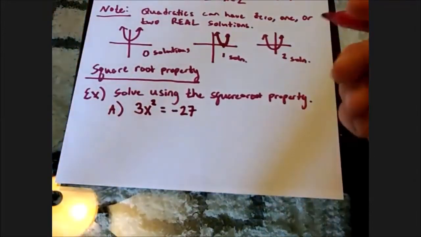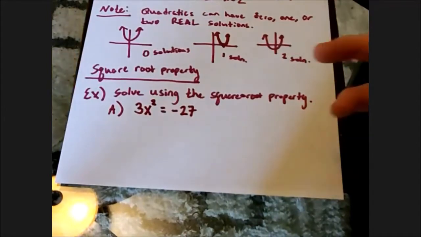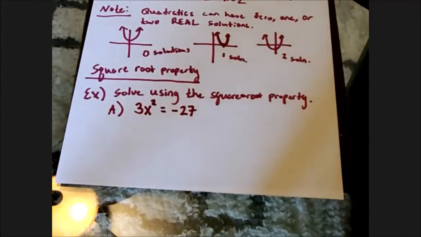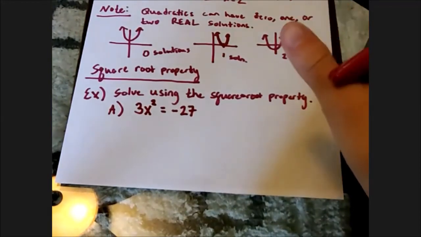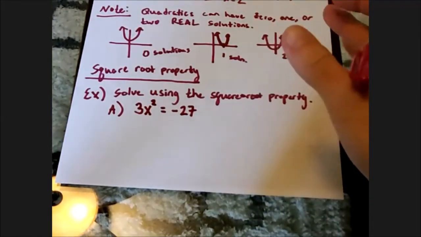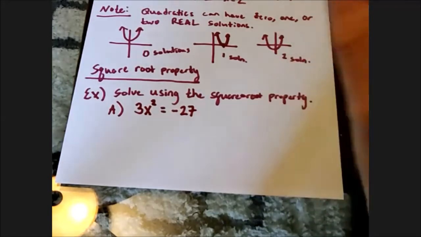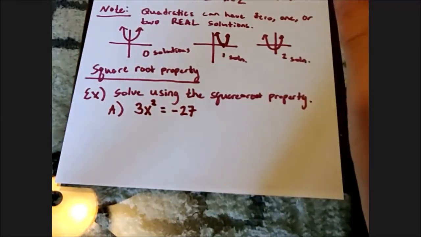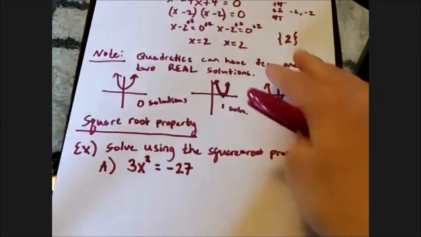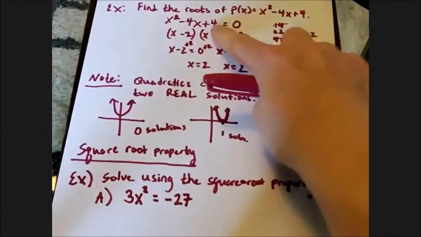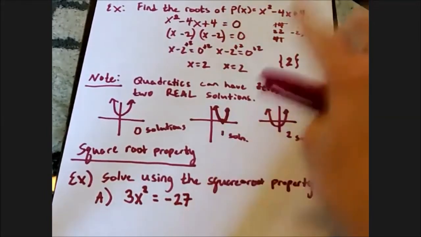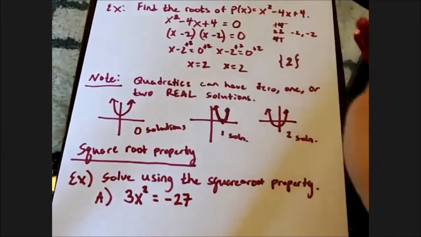All right, so this is a perfect example, 3x squared equals negative 27, where you would want to use the square root property. Generally, how you know that you would want to use the square root property is you're missing the b term of the quadratic. What do I mean by that? Well, look at the difference between this example and this example. Yeah, things are on different sides of the equals. You don't have the 0. That's not what I'm talking about.